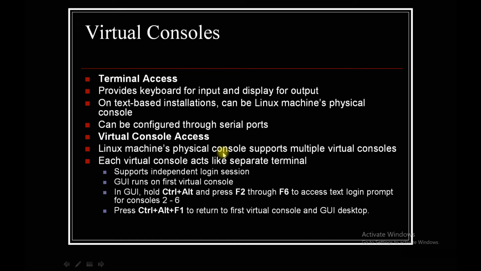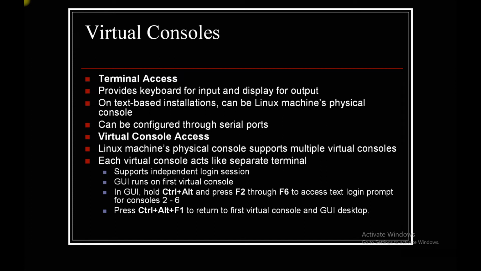Now let's move to the next one, virtual console. I will also show you how you can access the virtual console. We have two types of console: physical console and virtual console. For a physical console, let's say you have one server, which is physical hardware. If you are in front of the display with a keyboard, you can run commands from the keyboard and they display on the screen attached to the server.